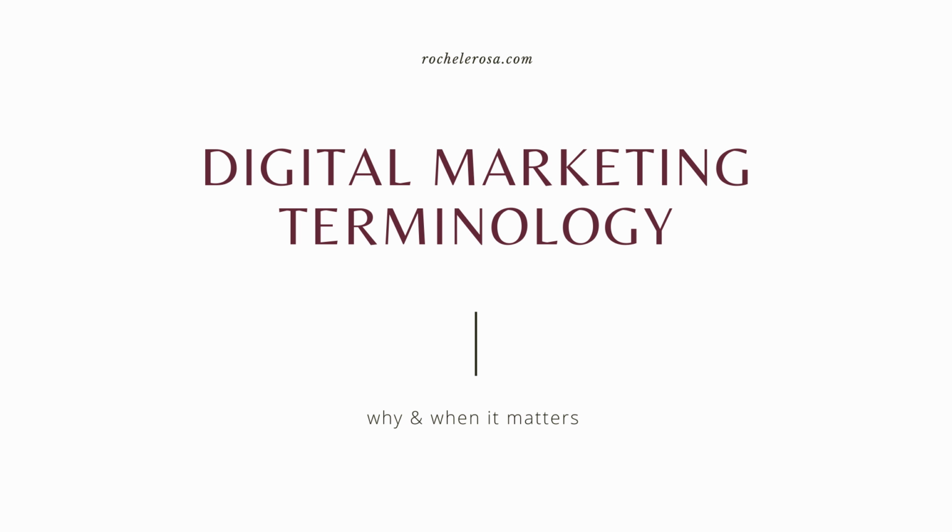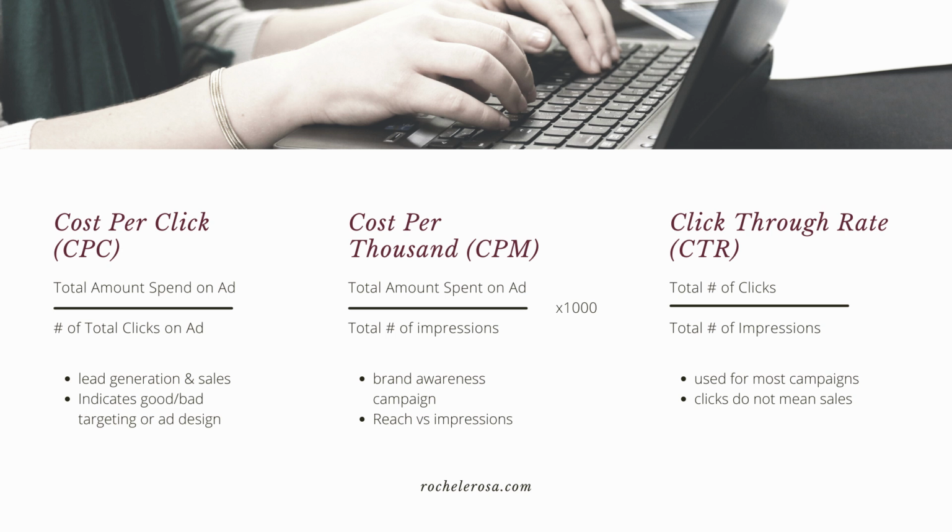So the first one that I'm going to talk about is cost per click, which you figure out by taking the total amount that you've spent on the advertising campaign and dividing it by the total clicks on the ad.